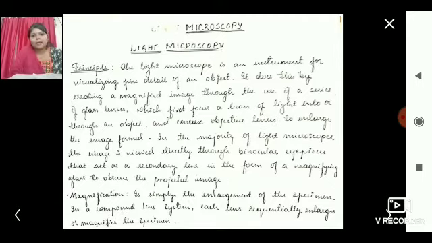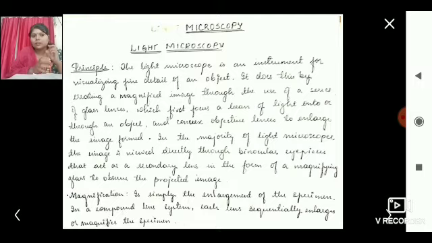So the first one is the light microscope, or compound microscope, which we usually use in the laboratories. The principle behind it: the light microscope is an instrument for visualizing fine detail of an object. It does this by creating a magnified image through a series of glass lenses, which first focus a beam of light through an object, and a convex lens then enlarges the image formed.